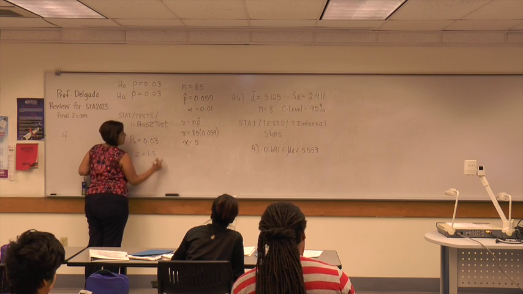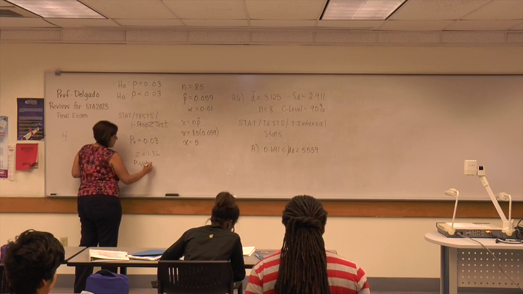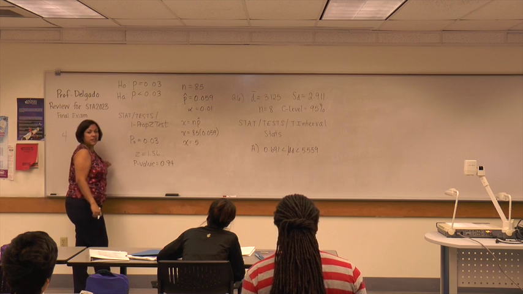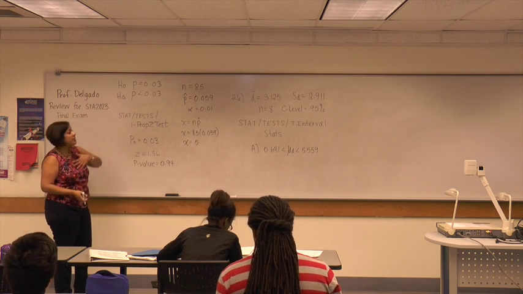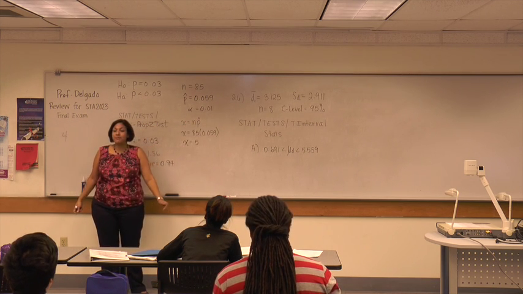What about your p-value? 0.94035, so 0.9404. That's not good. We want our p-value to be very, very small. In fact, we wanted our p-value to be smaller than 0.01, and that didn't happen.